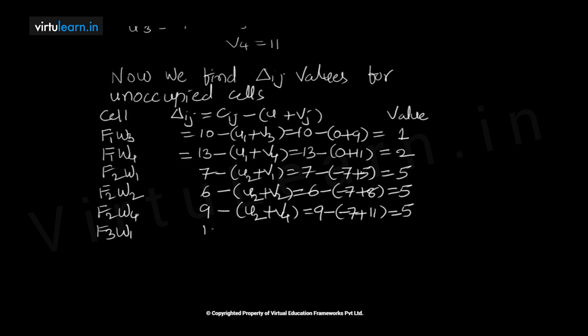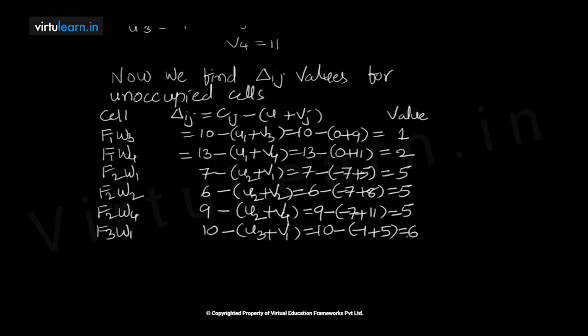Then the F3W1 value is given by 10 minus U3 plus V1, is equal to 10 minus of minus 1 plus 5, which gives us 6.